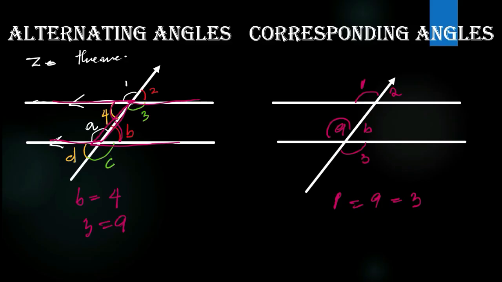Now, if you look at A and A, they are both vertically opposite angles and they are also equal, confirming corresponding and alternating angles. The same thing will happen to 2 and B, and likewise 4 and D. So 2 equals 4, which equals B.